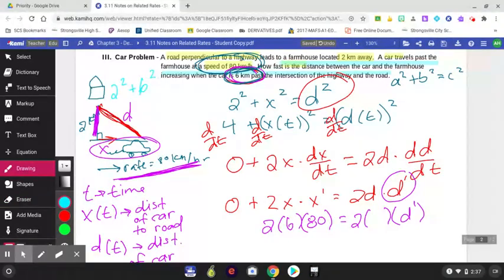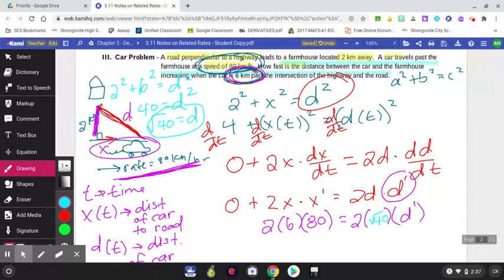So 4 plus 36 equals d squared, which is 40. If I take the square root of both sides, I get square root of 40 equals d. It should be plus or minus, but I'm not going to have a negative length. So d is square root of 40.